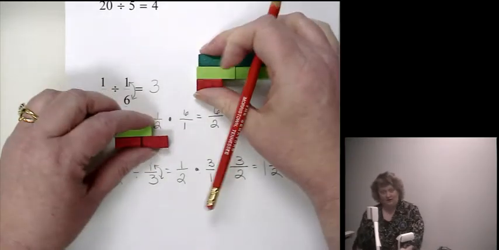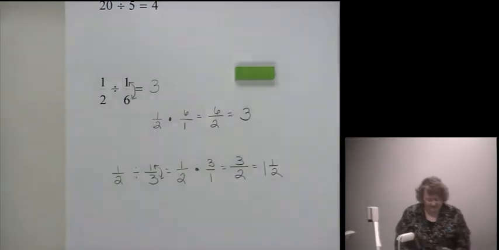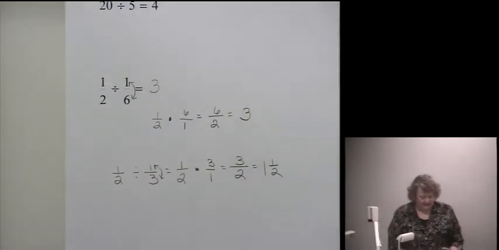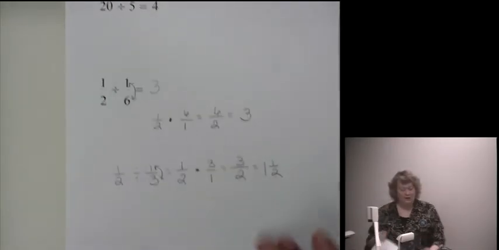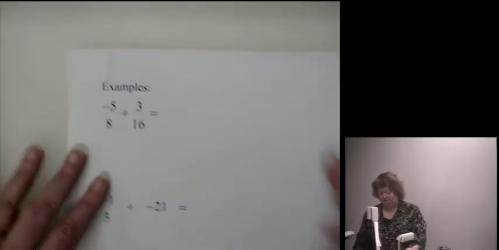So with our rods, we can kind of visualize why that works. Now, we're not going to use the Cuisinart rods to do our division. That's just ridiculous, time-consuming, and not what we're after here. What we're after is nice, quick ways to multiply our fractions so that we get the right answers consistently.